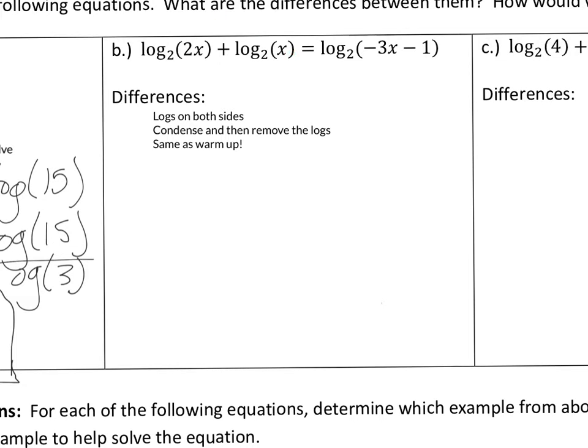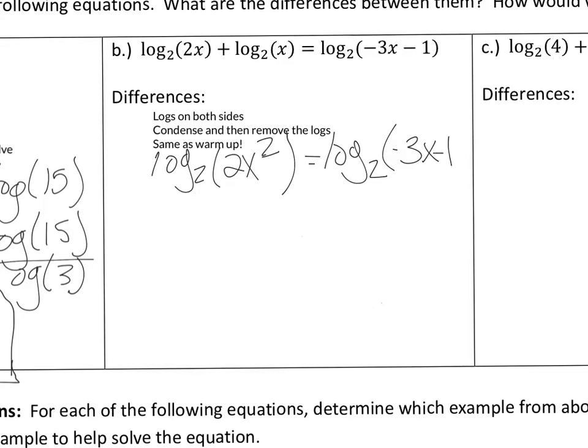So I end up with log base 2 of 2x squared, because 2x times x is 2x squared, equal to the log base 2 of negative 3x minus 1. So then I can drop the logs, since the bases match, and 2x squared equals negative 3x minus 1.